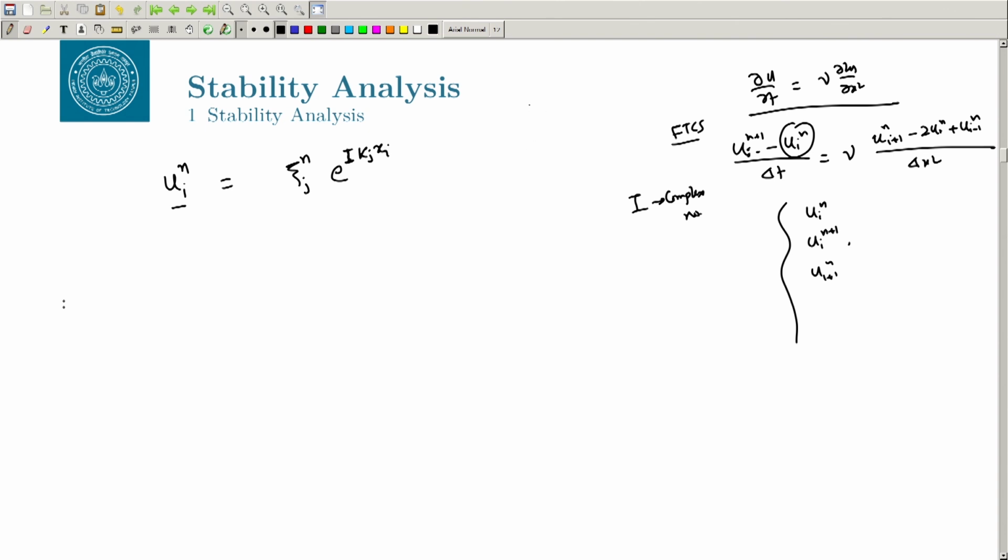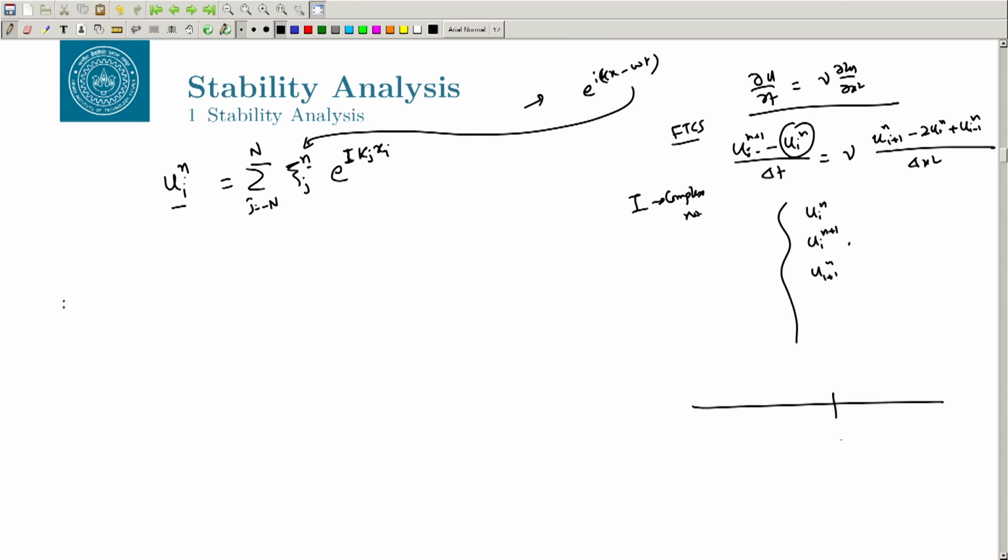This is similar to how you represent e to the power I (k x minus omega t). So, the temporal part I have basically brought in here. The n that you see here represents time, and that has been captured in your amplitude function. And j will go from minus N to N, like what we had in the last slide.